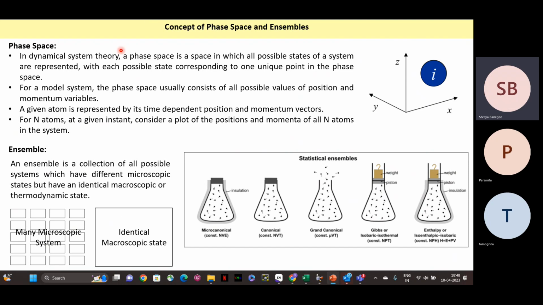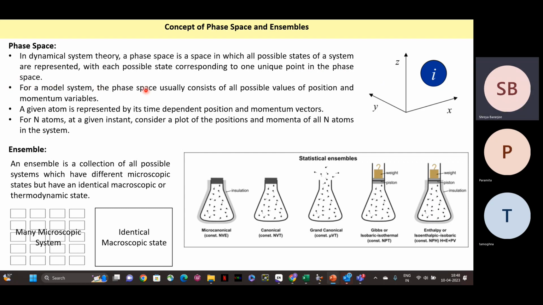Next, we will talk about the concept of phase space and ensembles. So, what is phase space? In dynamical system theory, a phase space is a space in which all possible states of a system are represented, with each possible state corresponding to one unique point in the phase space.